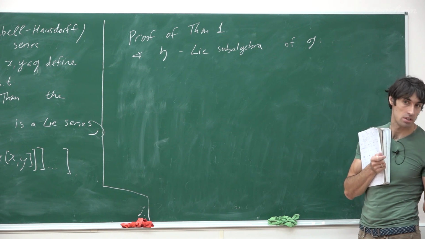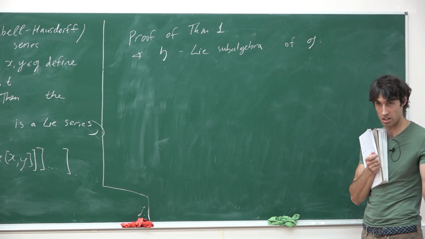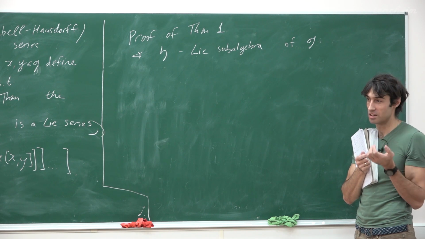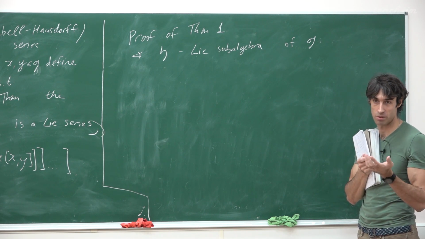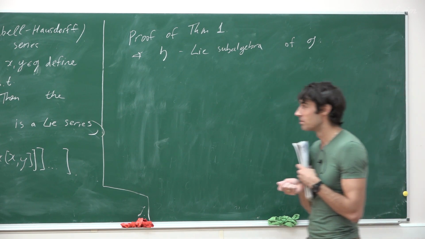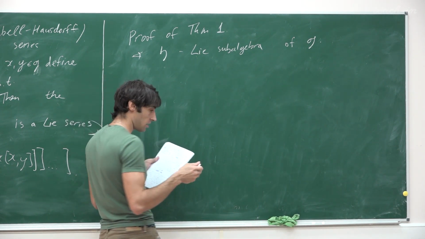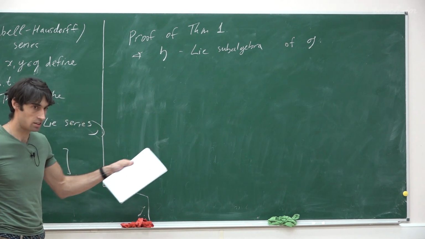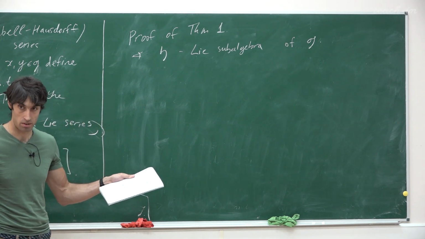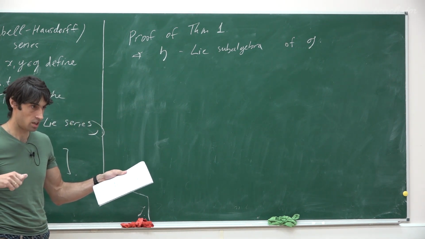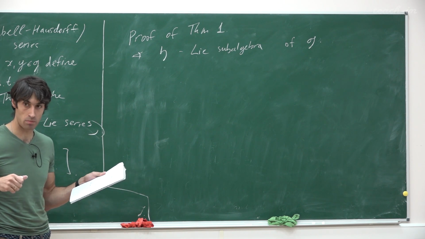You don't know, maybe it's a group or whatever. You just take the exponential. It might not be a group, as we see with SL_N, for example. But then I take this something that I have in the image and generate a subgroup by it.